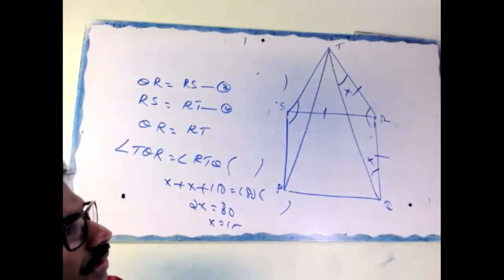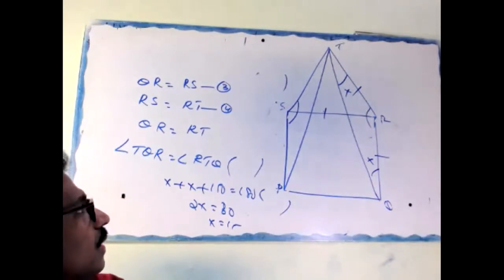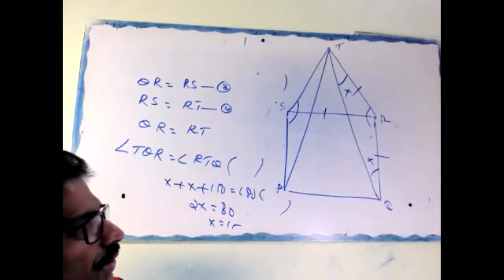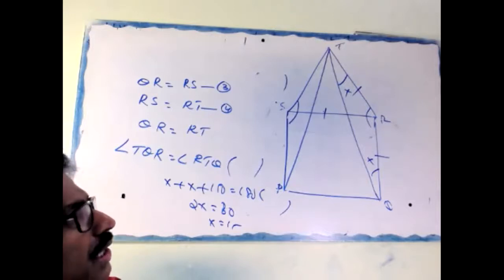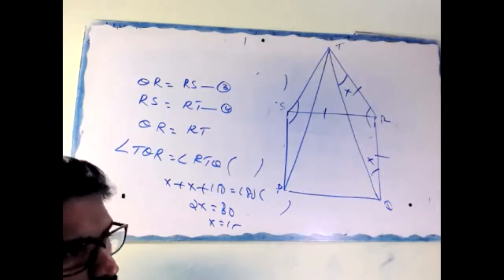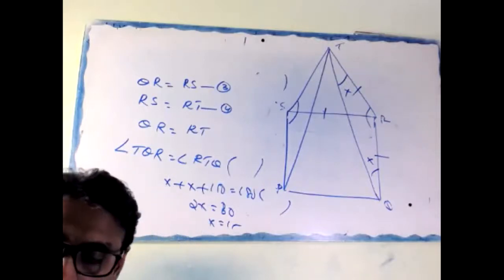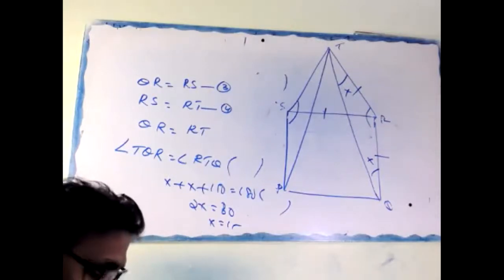Okay, therefore, angle TQR equal to angle RTQ. Angles opposite to equal sides are equal.